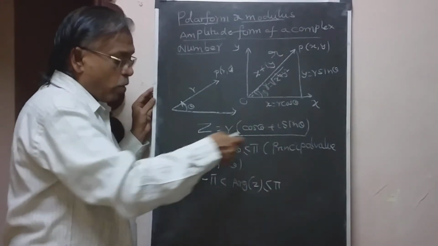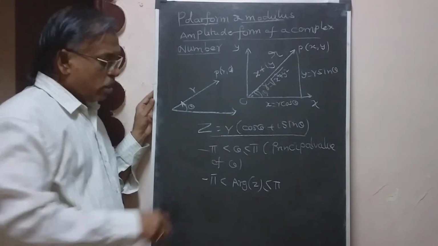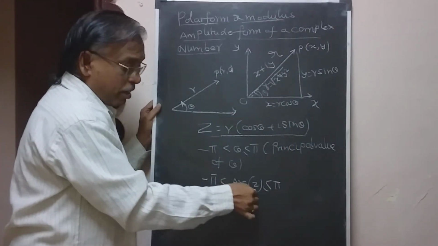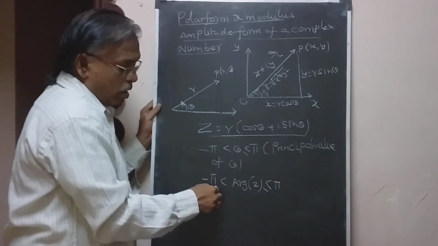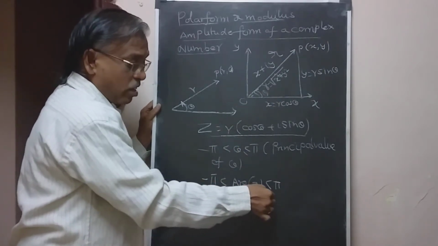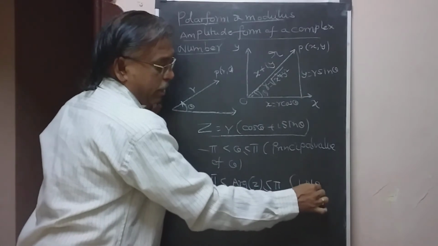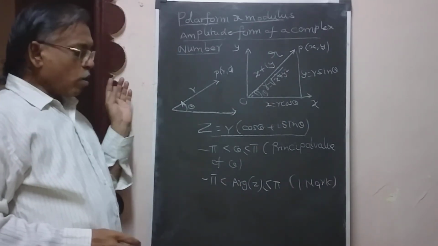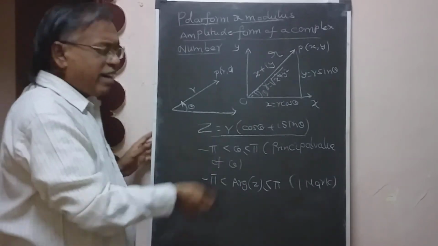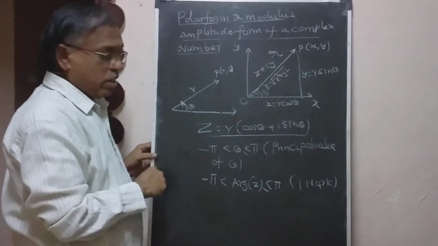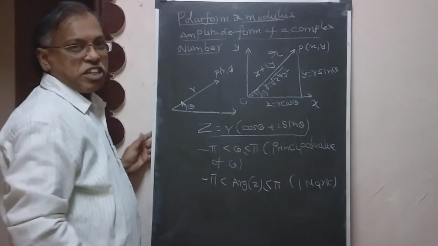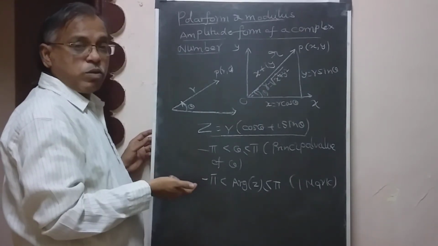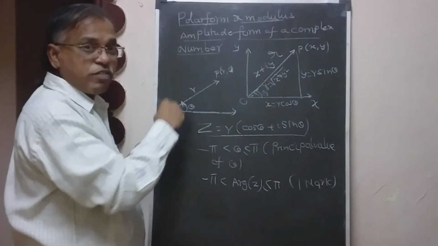This principal value is also known as the argument of z, the theta value. Students, they might ask this in 1 mark also. Very important. So depending upon the quadrant where this z lies, this theta value also changes.